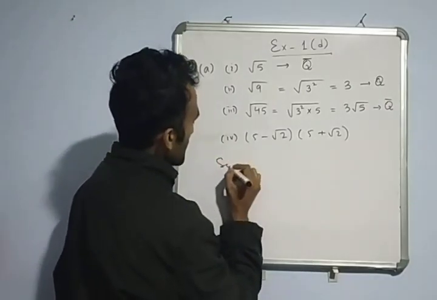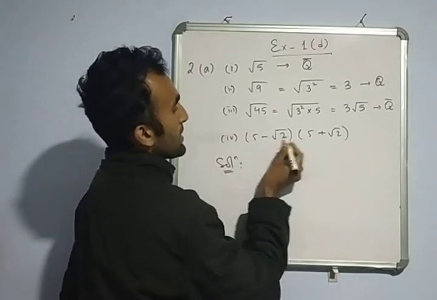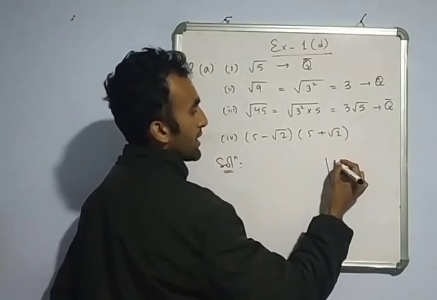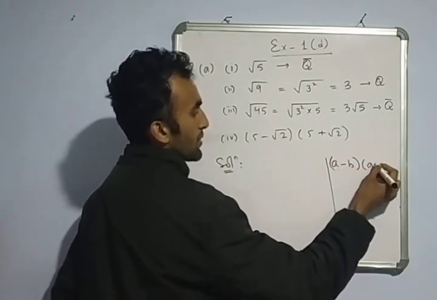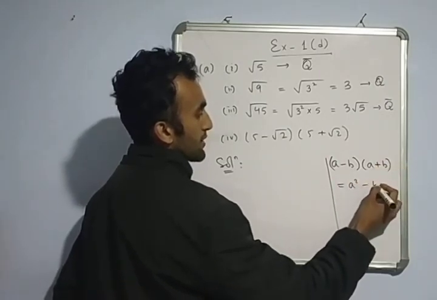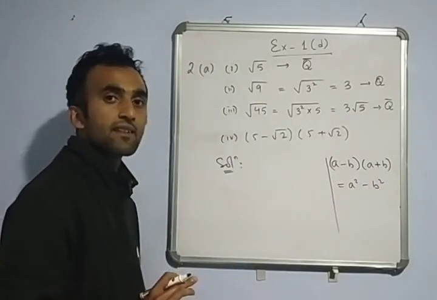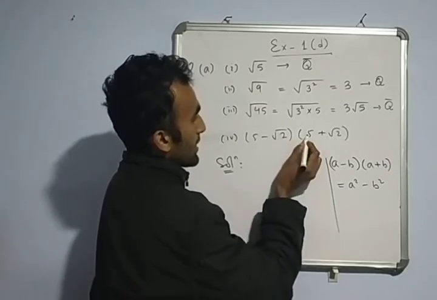So, solution. See this one, it is a plus b, a minus b form. In the last introduction video I gave you the identities. A plus b into a minus b is equal to a square minus b square. Identities of algebra. Now you see a minus b, a plus b.